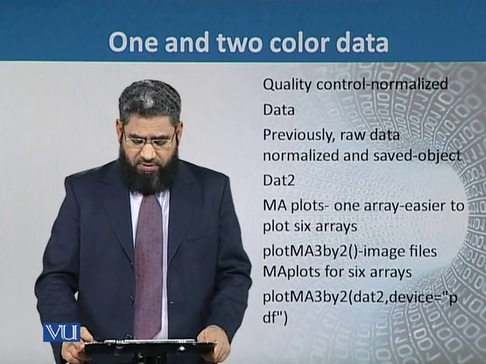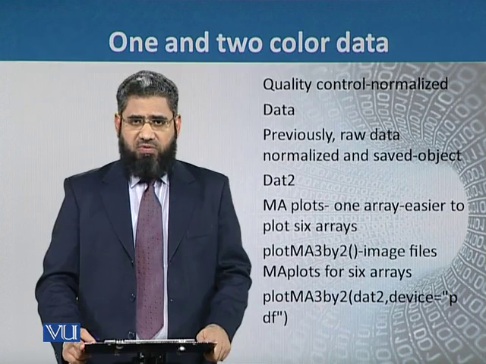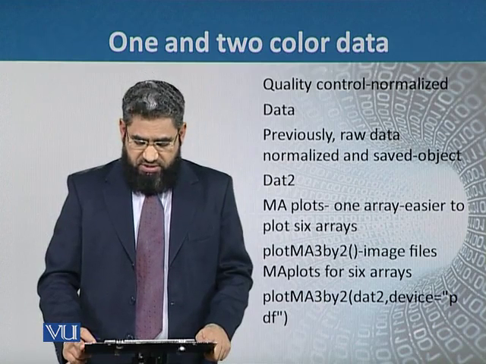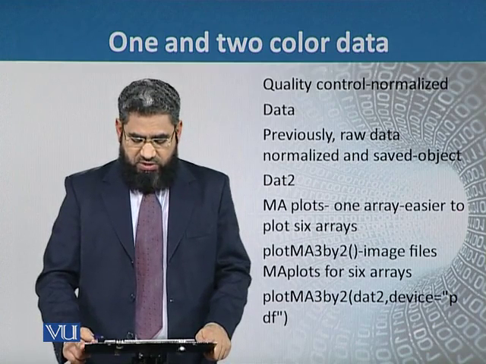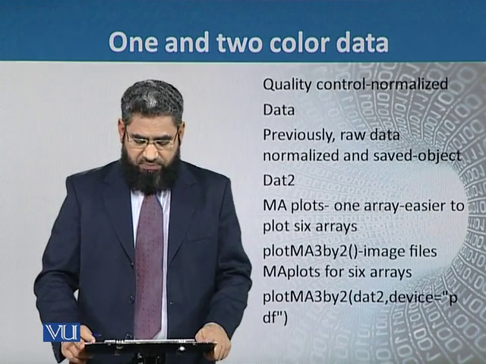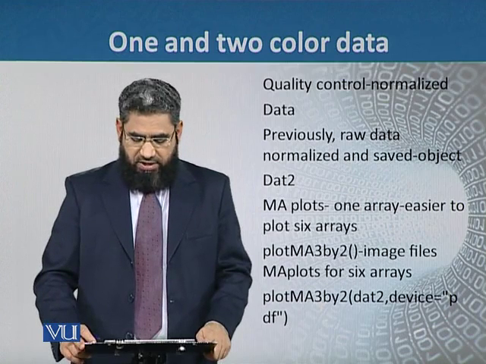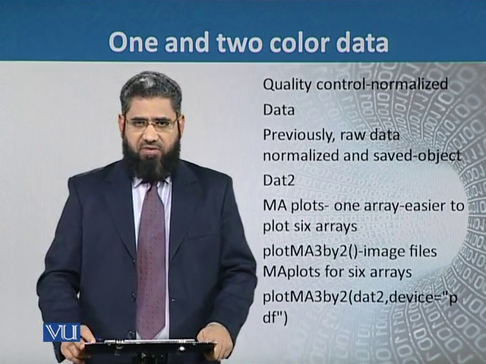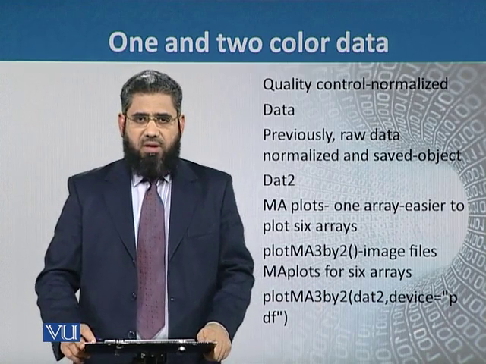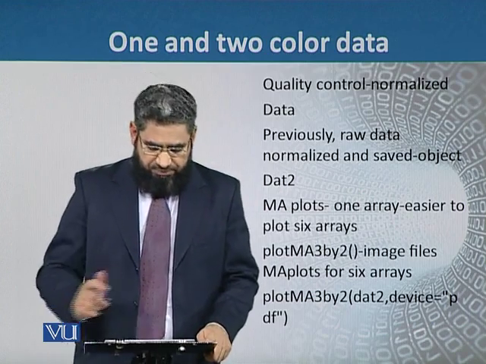We can then analyze these arrays by using the command plotMA3by2(dat2), and we can also convert these plots into a PDF file, because we can use it outside the R program.